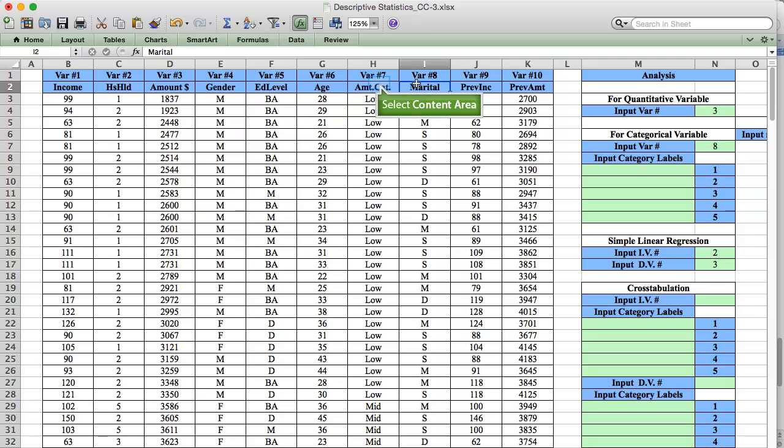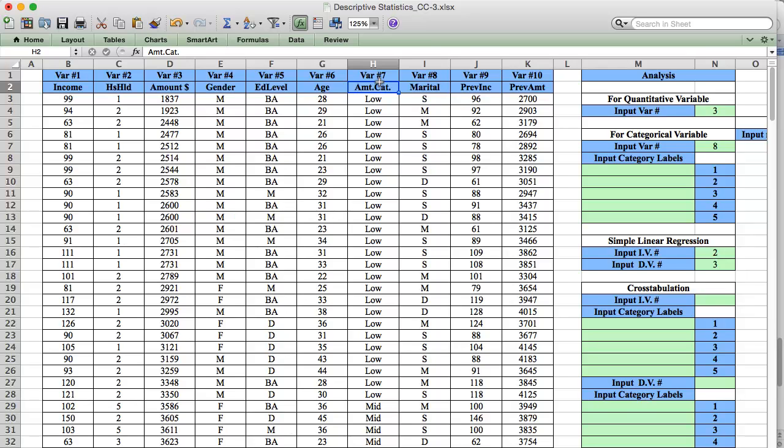So to cross-tabulate, we first have to group the amount charged data, and we've done that here in variable 7, creating 3 categories of spending, either low, mid, or high. So we could make 3 crosstabs using gender and variable 7, ed level and variable 7, and finally marital status and variable 7.